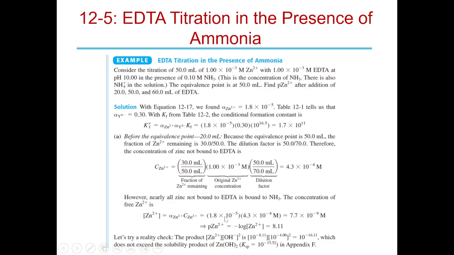And so essentially this is giving you the fraction of zinc that's not bound. This will give you the actual concentration of that zinc that's not bound, right? And so you get this number. Remember, you do all these things in p-metal, and so you take the negative log of that. That gives you pM.